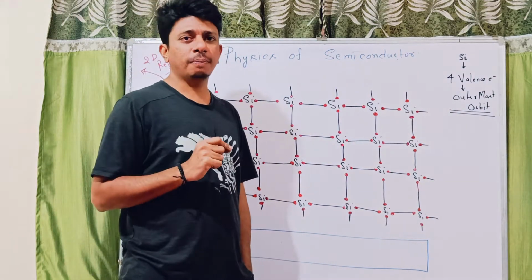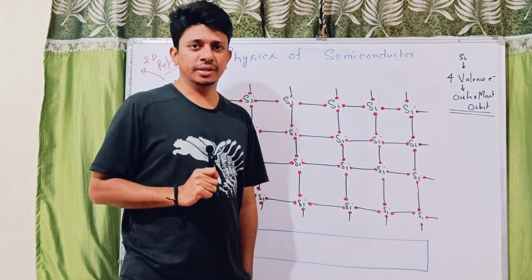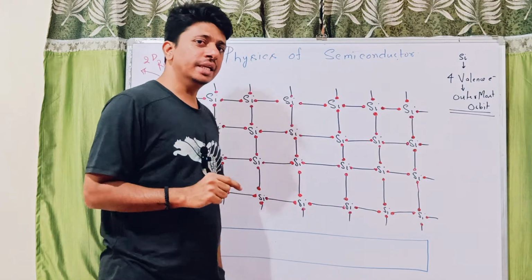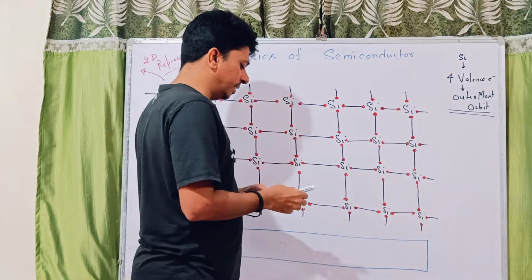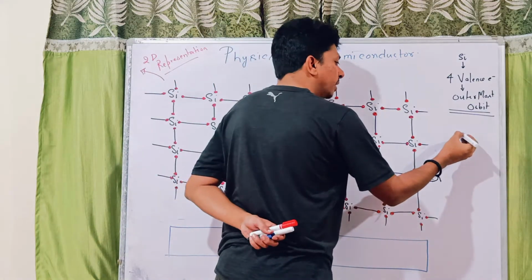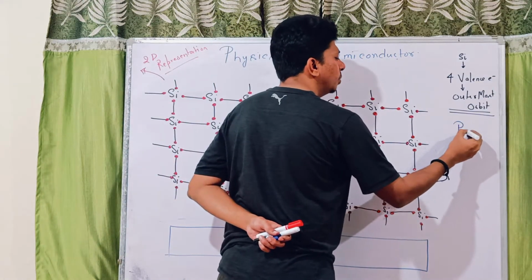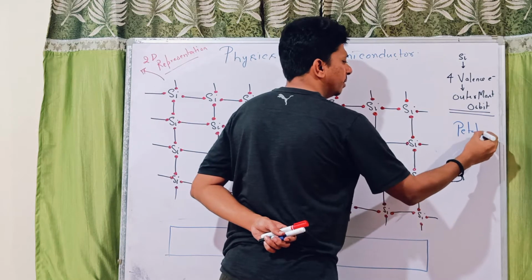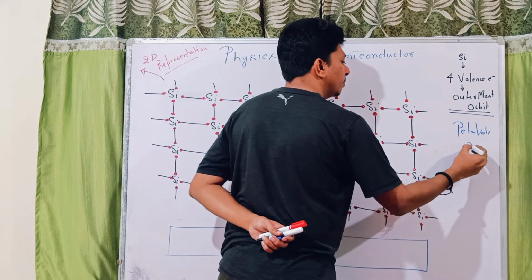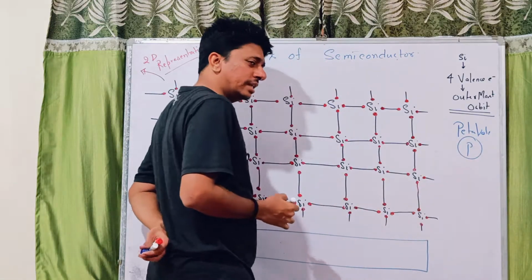Inside the chamber, vacuum is created, and simultaneously the pentavalent impurities are inserted. If we want to dope a pentavalent impurity, for example, phosphorus atoms are inserted.